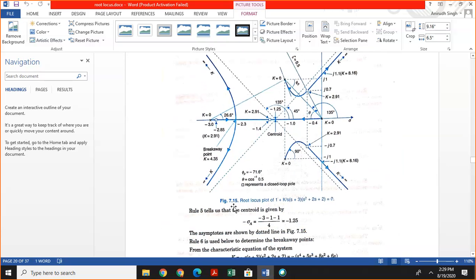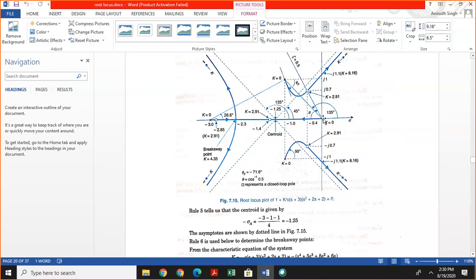And calculate the value of the centroid: minus 3 minus 1 minus 1 divided by 4 minus 0 is equal to minus 1.25.